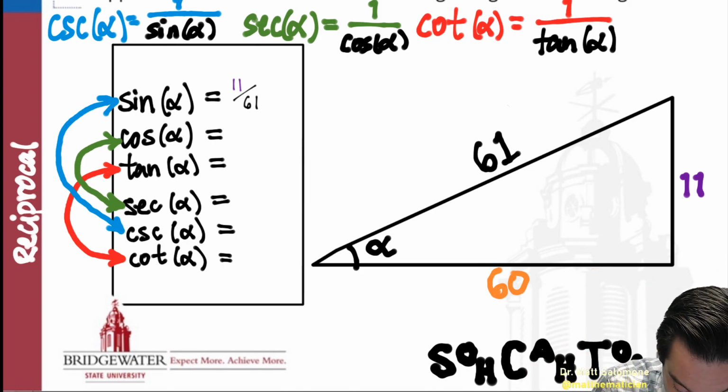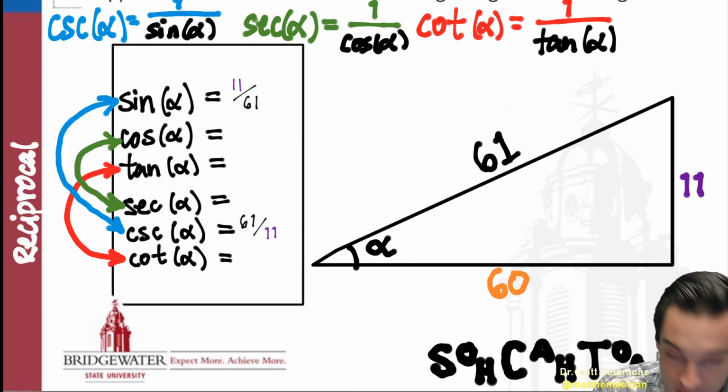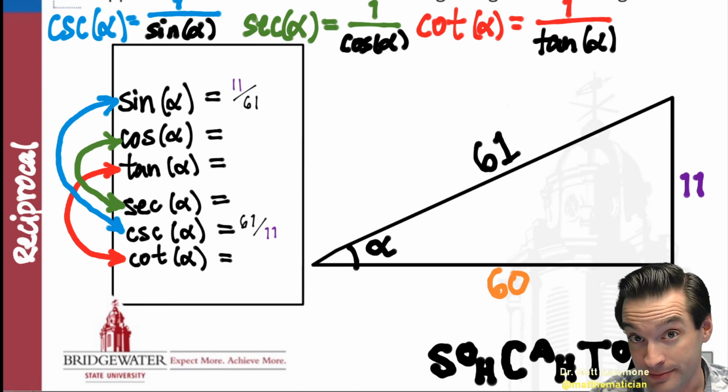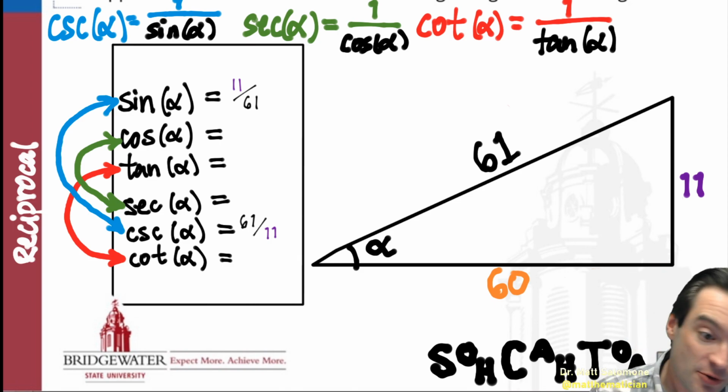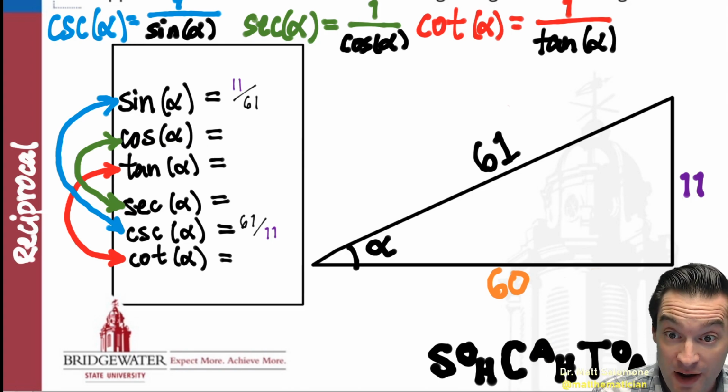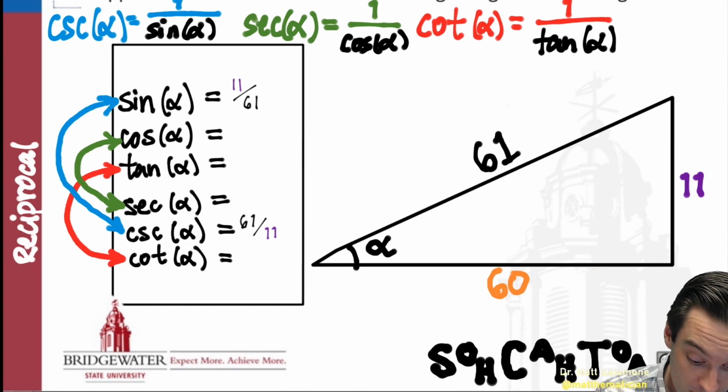So the secant of alpha, the cosecant of alpha, see, I told you it'd screw you up because it screws me up still. The cosecant is the reciprocal of sine. So if the sine is 11 over 61, the cosecant is 61 over 11. So as soon as you find one of these trig ratios, you can right away find its reciprocal.